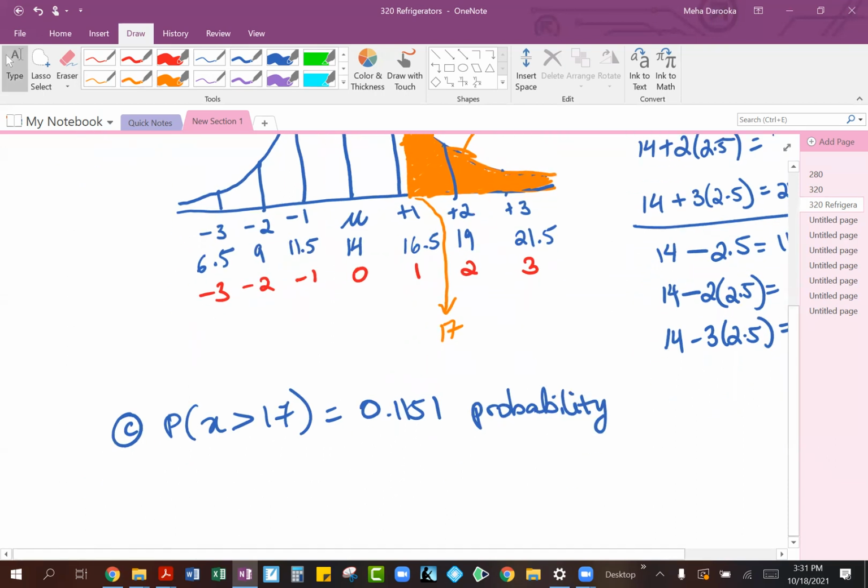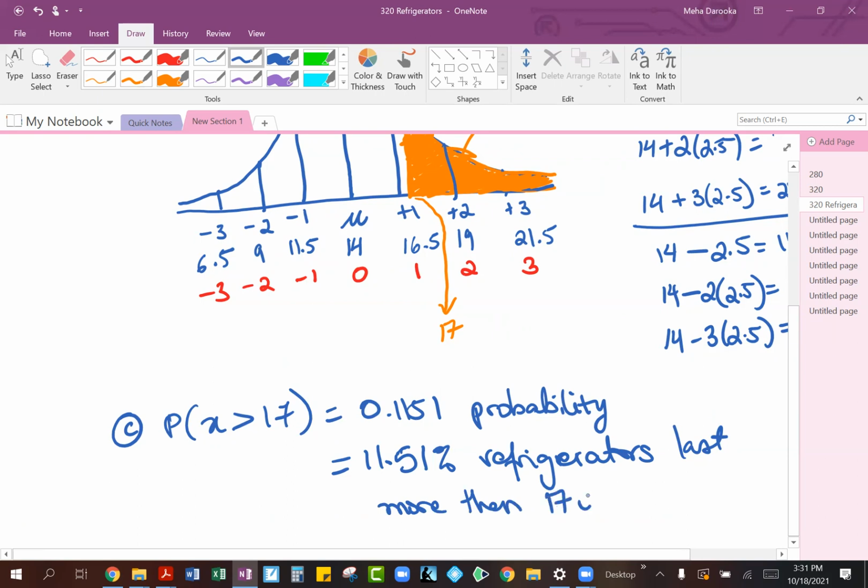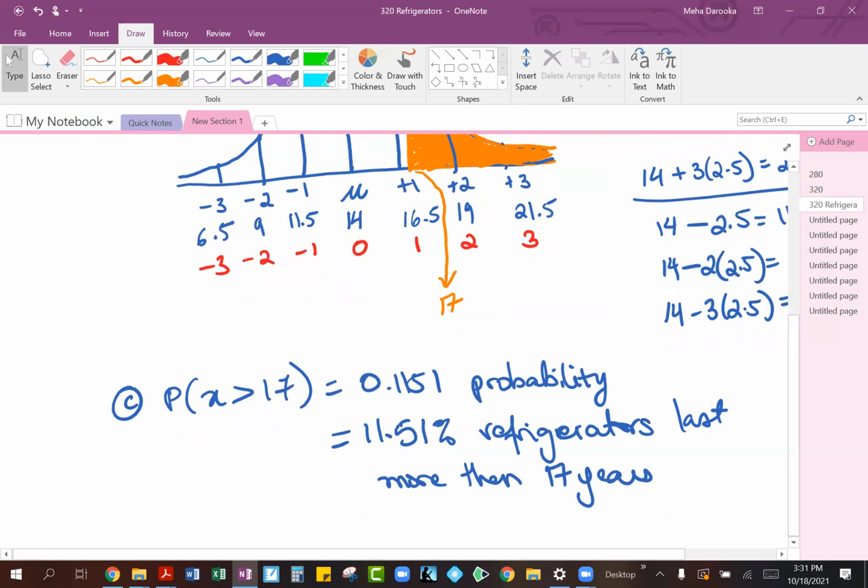We can also look at this as a percentage, and we can say, how many ever refrigerators this manufacturer, or whoever is making them, has, about 11.5% of those refrigerators will last more than 17 years.